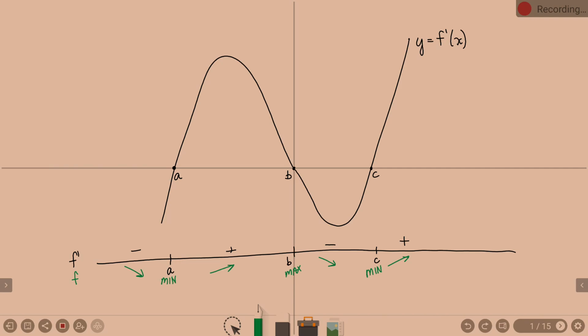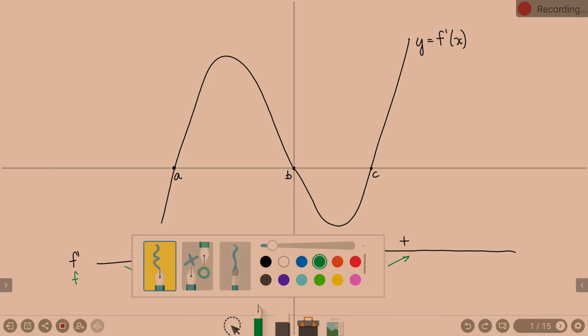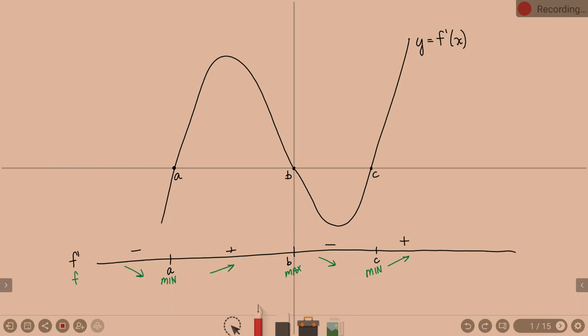There's one other thing we could talk about. Concave up and down. Well, let's talk about it in reference to the second derivative for a moment. I'm going to do another sign chart here, right below it.